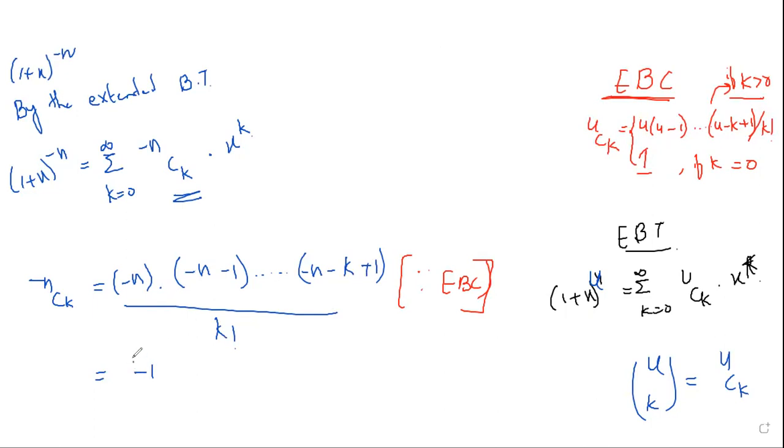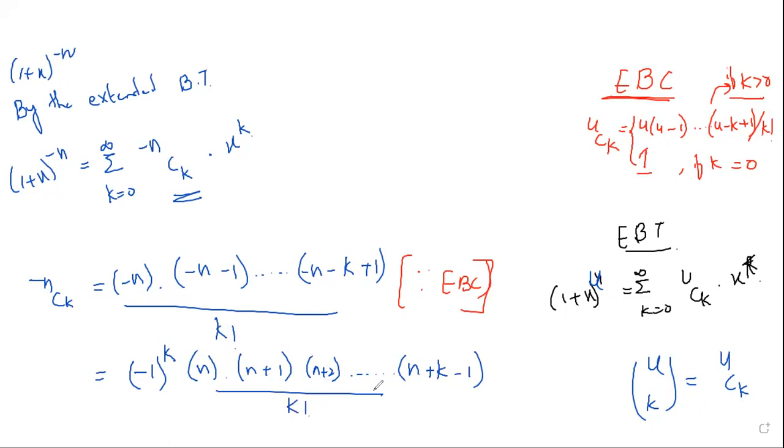So there are totally k terms, so minus 1 power k into n, n plus 1, n plus 2, and so on up to, since I'm taking minus common. Over here, n becomes positive, k positive, and 1 will become negative. So n plus k minus 1, by k factorial.